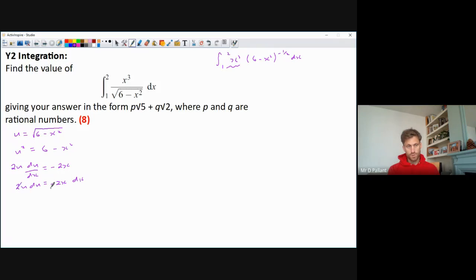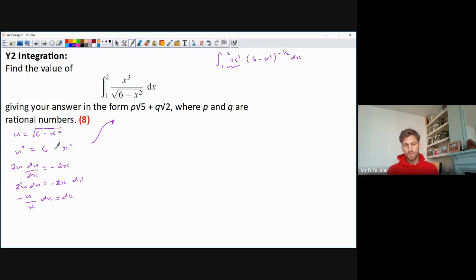So if I cancel the 2's, minus u over x du equals dx. I'm going to leave that x there because I can probably deal with it up here somewhere. I'm going to need to switch out some limits.